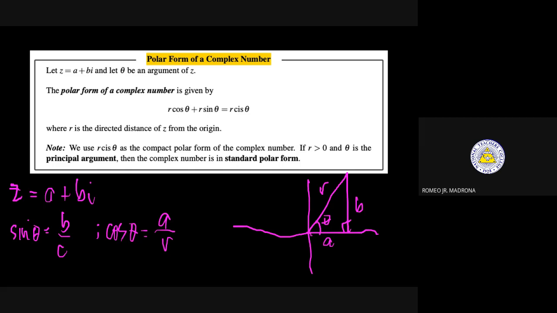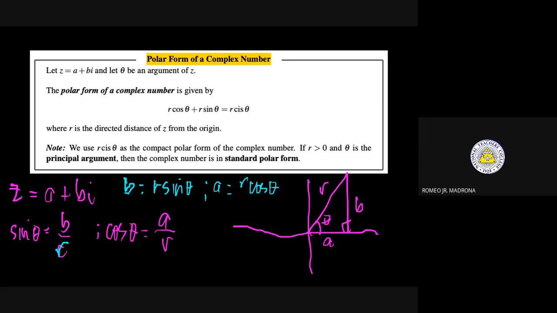So I'll just write it here. So B is equal to R sine theta and A is equal to R cosine theta.